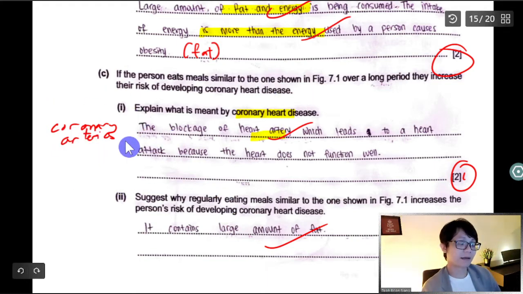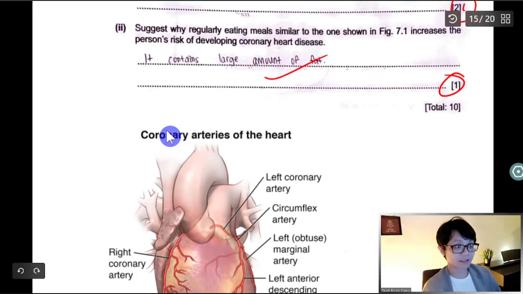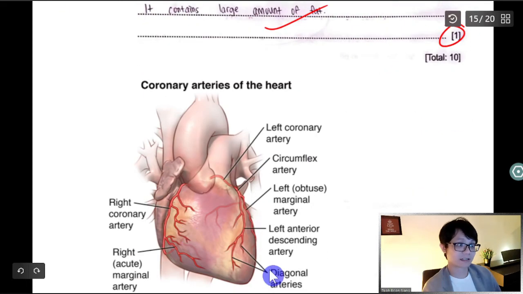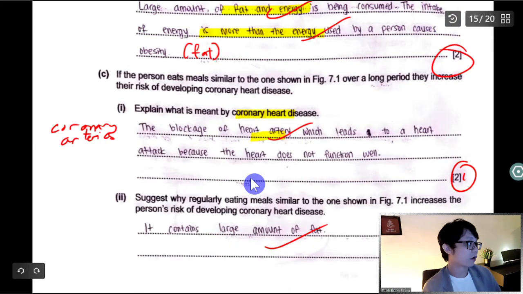The other main answer required by the marking scheme is coronary arteries. Okay, so coronary arteries are here, around the heart. So you need to mention coronary artery. Okay, so maybe you can say there is a narrowing or blockage in the coronary artery.